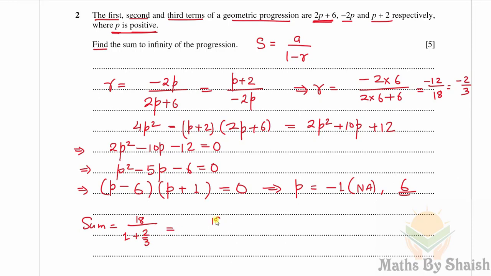It becomes 18 multiplied by 3 and divided by 3 plus 2, 5. It becomes 18 threes are 54 over 5. That is the answer, and we can write it in decimal as well. It is going to be 10.8, otherwise that is also fine.